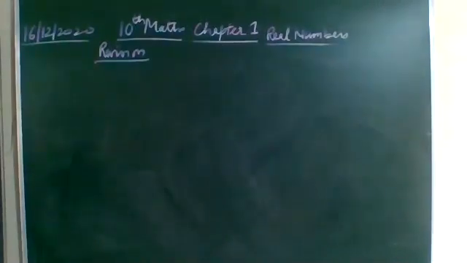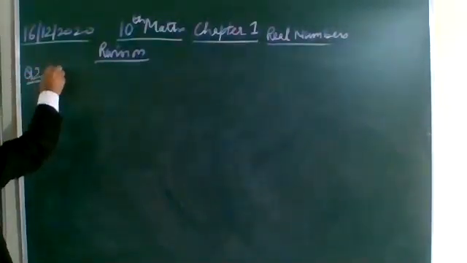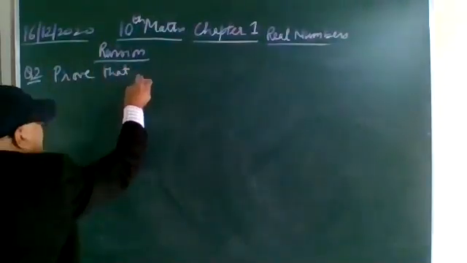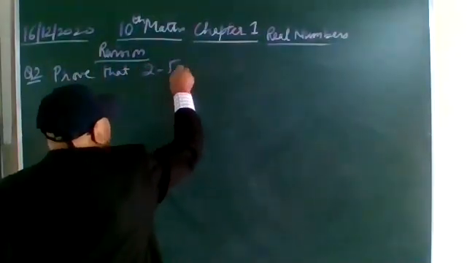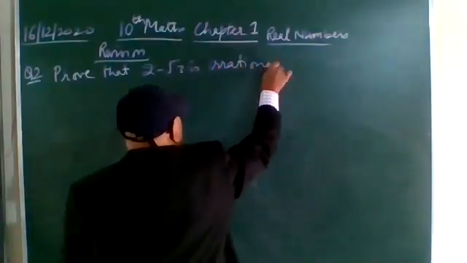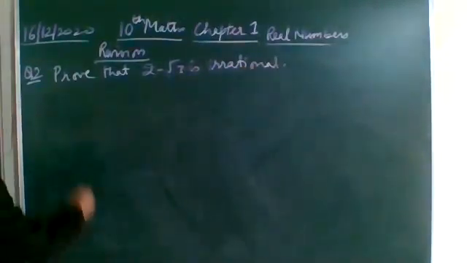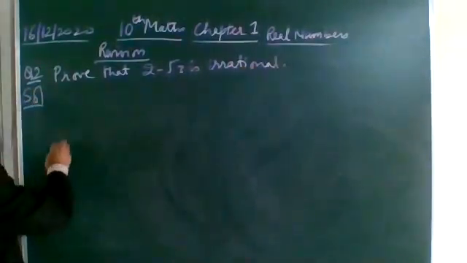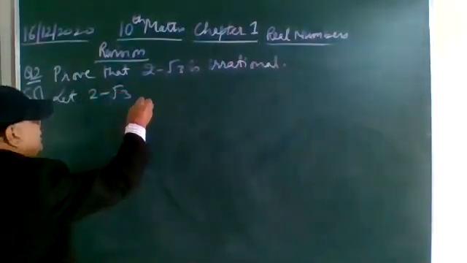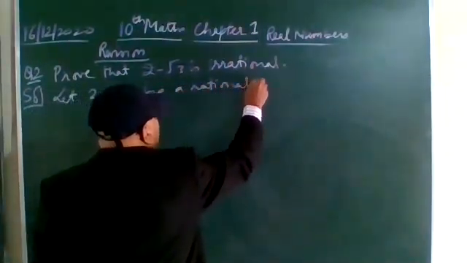Sometimes they say prove that 2 minus root 3 is irrational. So what do we write? Let 2 minus root 3 be a rational number.